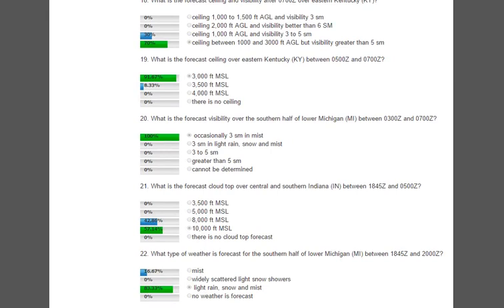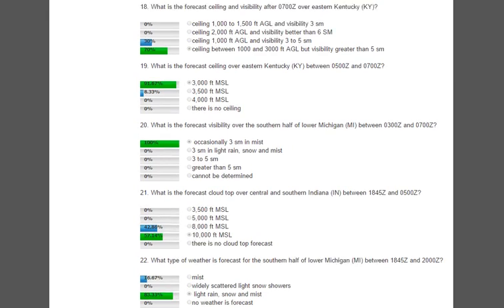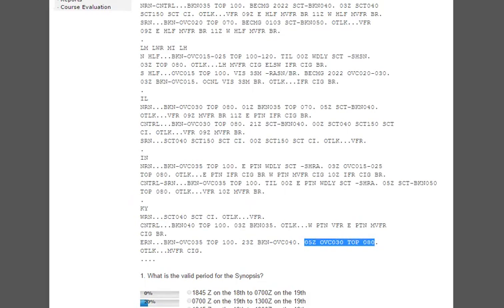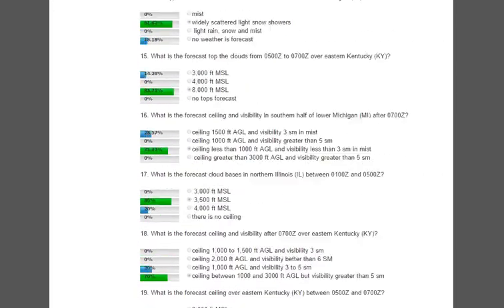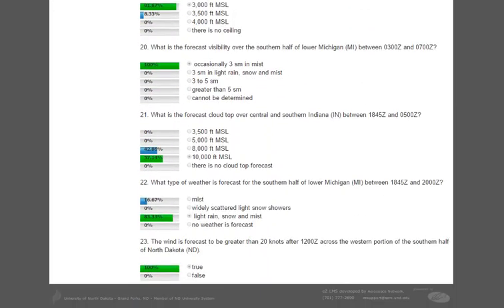Forecast visibility over the southern half of lower Michigan. Okay, here we go. Here's lower Michigan, southern half, 3 to 5 Zulu. It says broken, overcast, 1,500, occasional visibilities 3 statute miles and mist. So the correct answer would be 3 statute miles. And that's what it is. Everybody got that one correct.